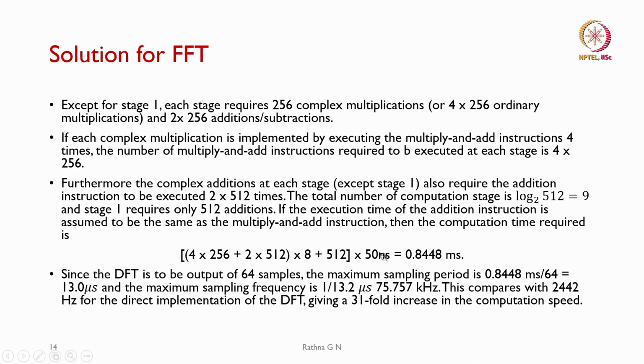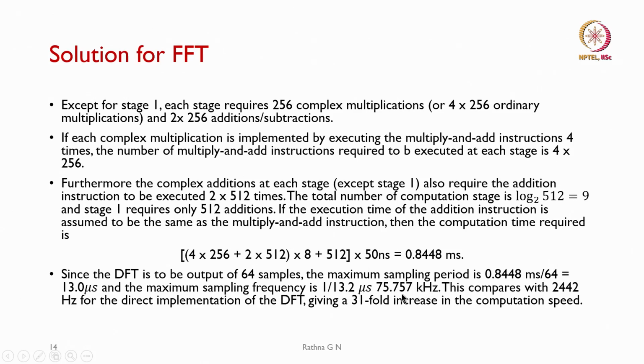So, into 15 nanoseconds is going to give us 0.8448 millisecond, and then we said that it is 64 samples in this time period that we are outputting. So, dividing by that will give us 13.0 microsecond, and the maximum sampling frequency is going to be 1 by this, which is going to be 75.757 kilohertz.